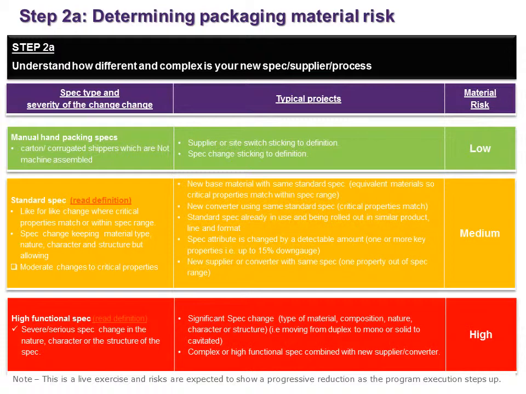For example, moving from duplex to monoweb, or moving from solid to a cavitated film. As you will notice, the type of material and the structure are changing. Any high functional spec is considered high risk, regardless of the type of change, due to the added value they provide. For example, value-added flow pack or snack and seal.